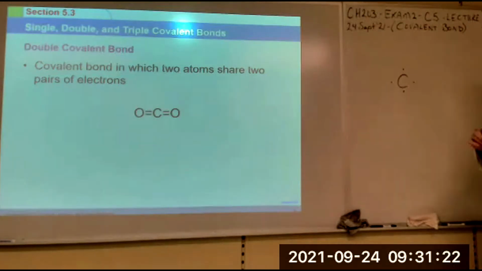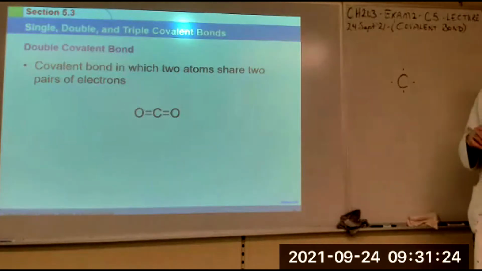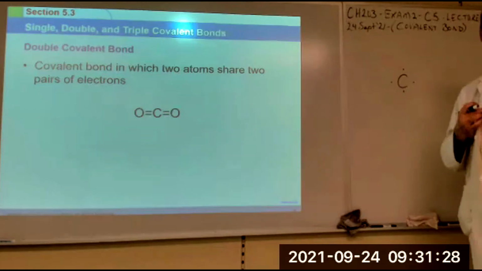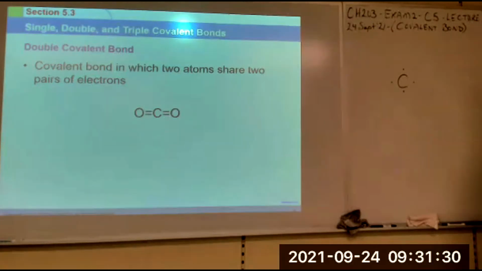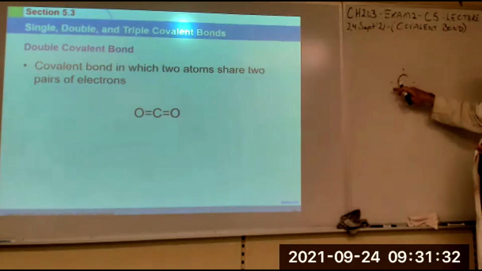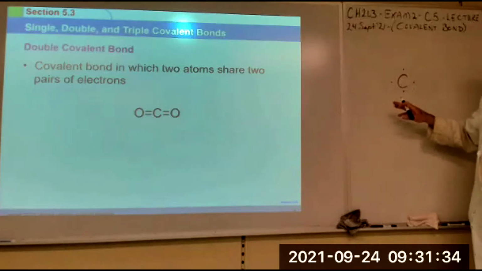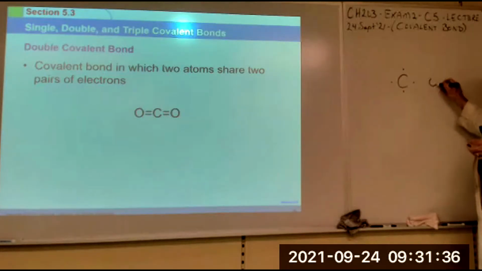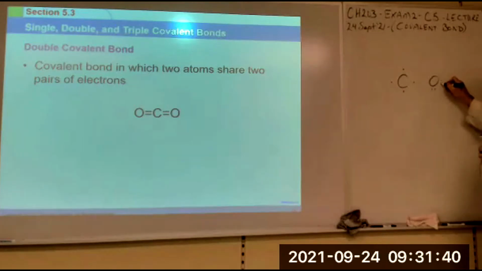How many electrons does it need to complete the outer shell? We're talking about the octet. So it needs 1 here, here, here, here to complete the octet. So when you come in with an oxygen, which has 6, like that, 2, 4, 6.